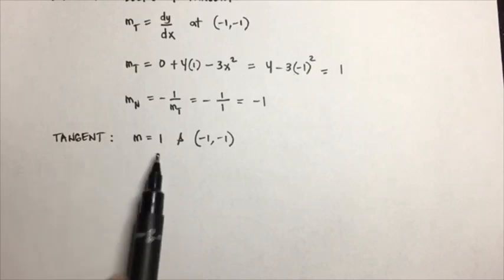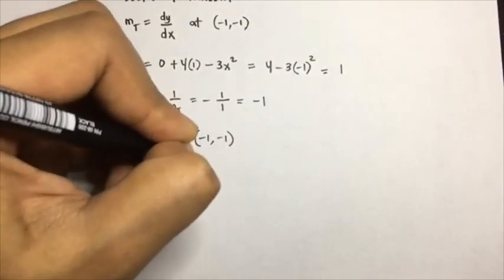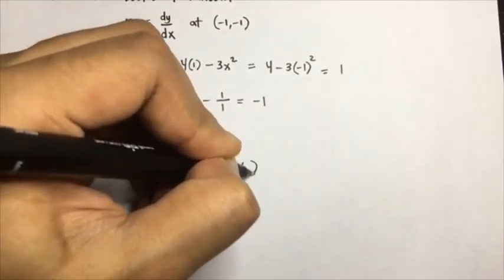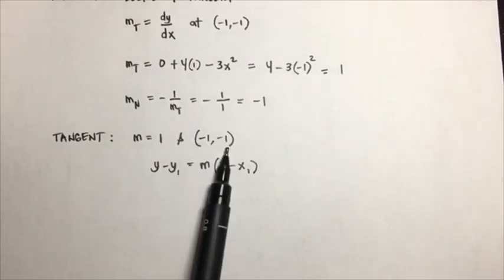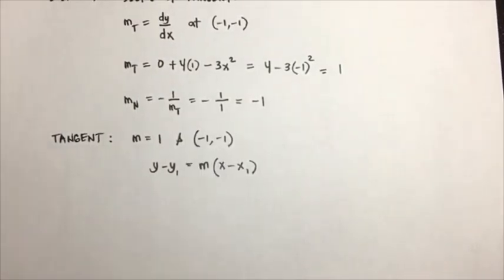So using the point slope form, you have y minus y1 is equal to m times x minus x1. Substitute y1 is equal to negative 1, x1 is also equal to negative 1.